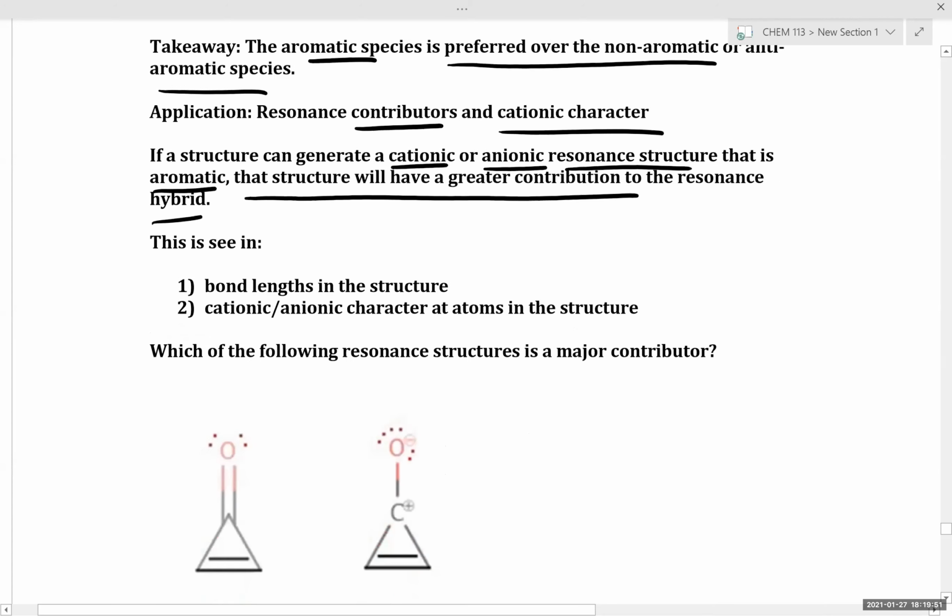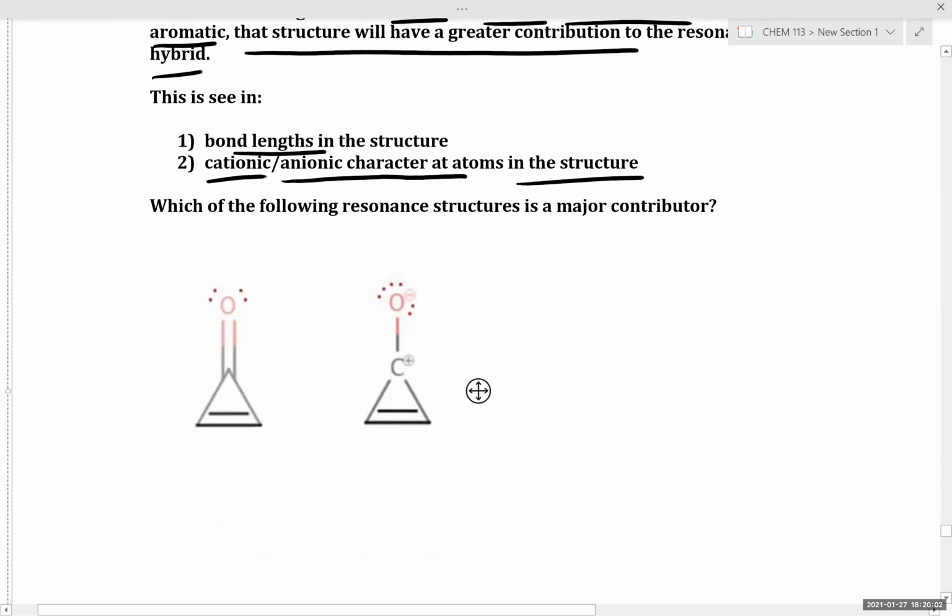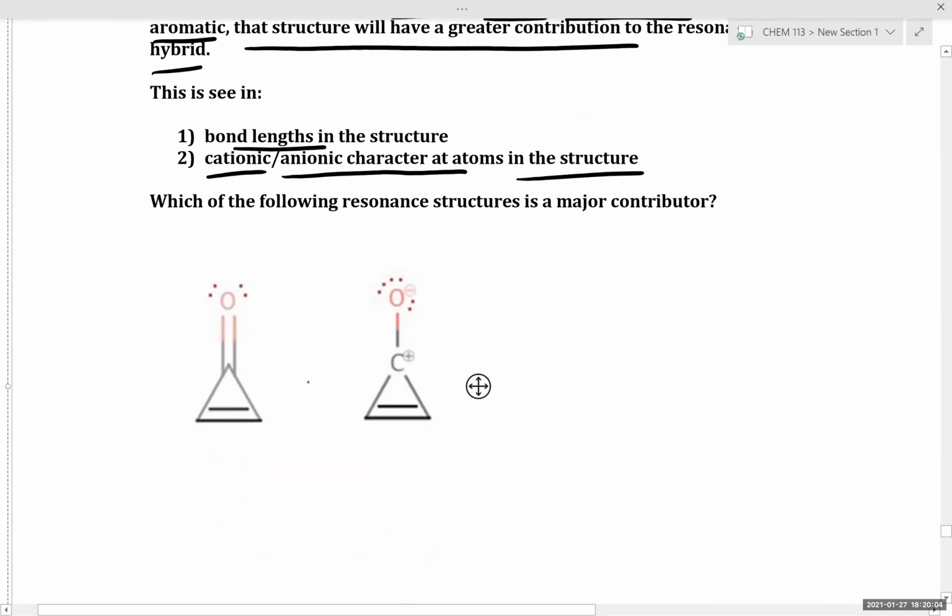You can see this experimentally in the bond lengths, as well as the cationic or anionic character of atoms in our structure. So for example, if we look at these two different resonance forms, they're not things at equilibrium. They're two different resonance structures for the same compound.